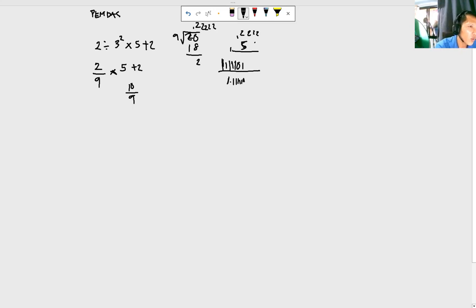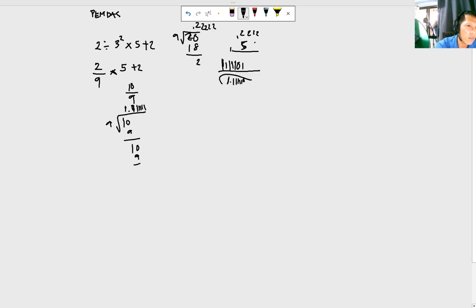So here you have 10 all over 9. 10 divided by 9 is 1, and the remainder again gives 0.1, 1, 1, 1, never ending.